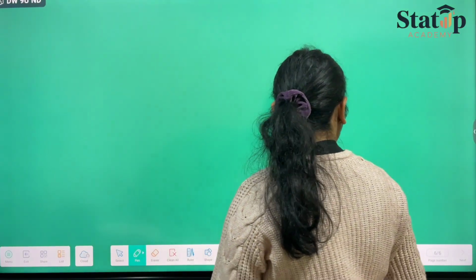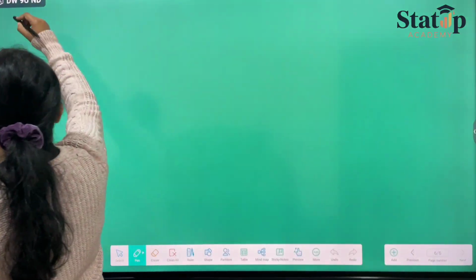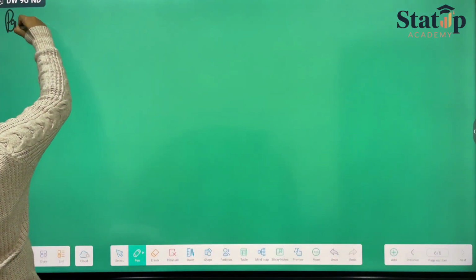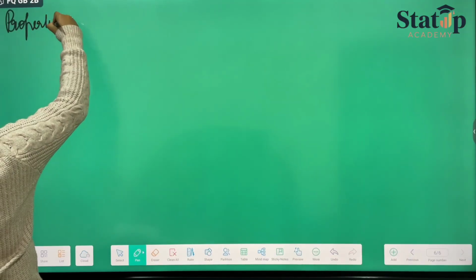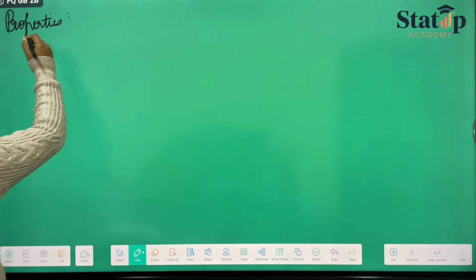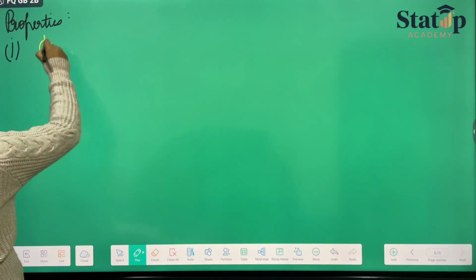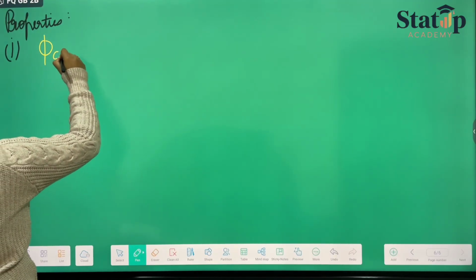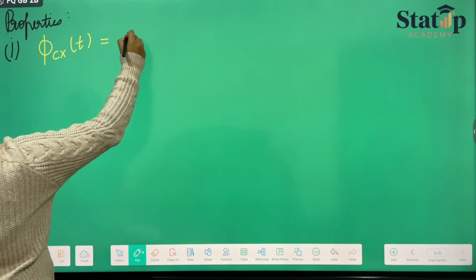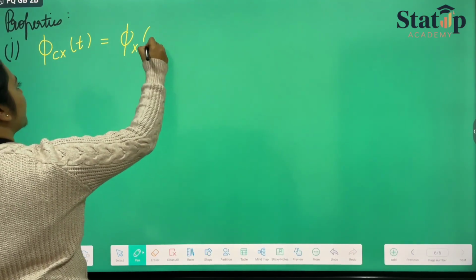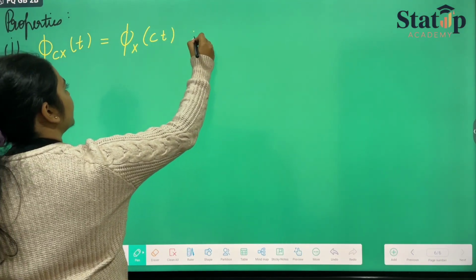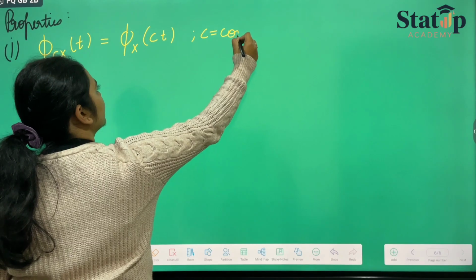Now moving forward to some of the properties of characteristic function. It has the same properties as that of MGF, where characteristic function of c x at t can also be written as characteristic function of x at c t, where c is nothing but a constant.